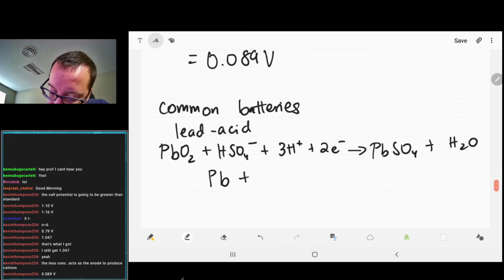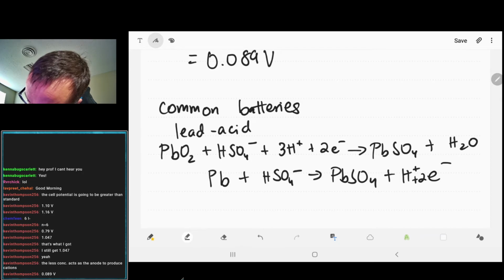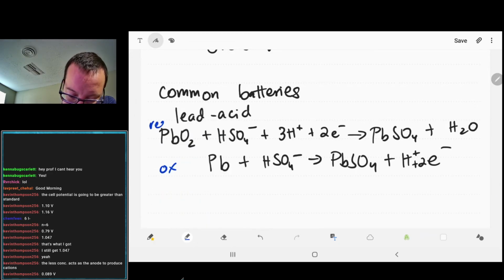You've got lead and the hydrogen sulfate, again, turning into PbSO4 plus 1 hydrogen and 2 electrons. Putting these together, we can see we are oxidizing here, we're reducing here. We're going from lead 4 to lead 2, that's reducing, and we're going from lead 0 to lead 2, that is going to be oxidizing.